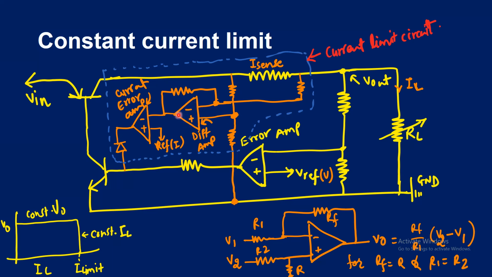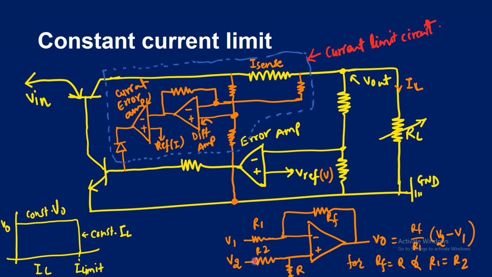You see, this is a differential amplifier that is receiving the voltage drop across these two resistors. Here in the bottom right, we have drawn the schematic of the differential amplifier using an operational amplifier. We know that there are two inputs to it.